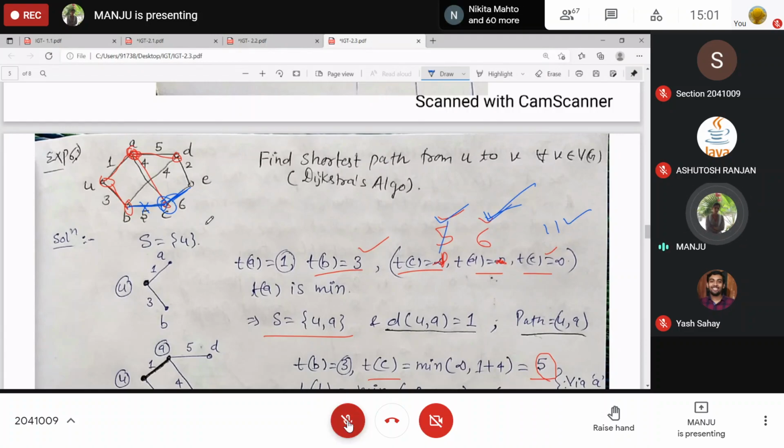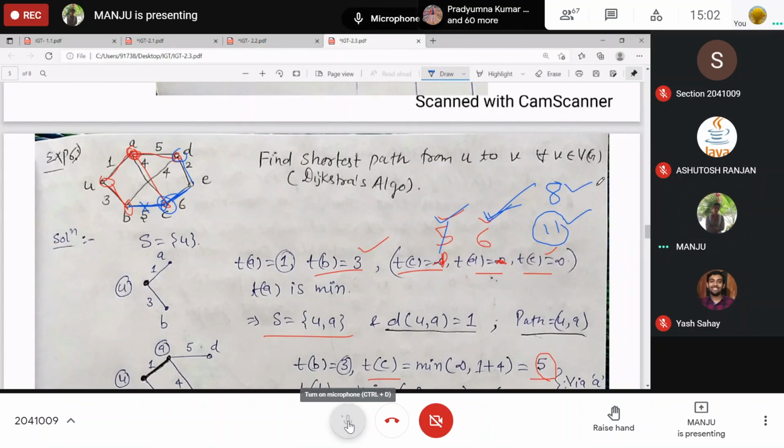Now via D, minimum is 6 and 11, D 6. So via D you can explore, via D to E only. So D to E, what do you have? 1 plus 5 plus 2. What is it? 8. And earlier via C we have calculated 11. So what is the minimum? 8, right? So 8 will be taken.